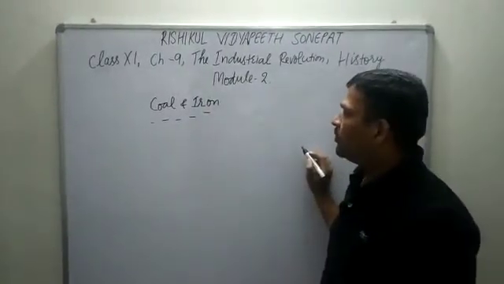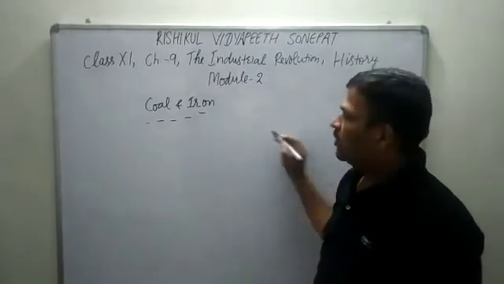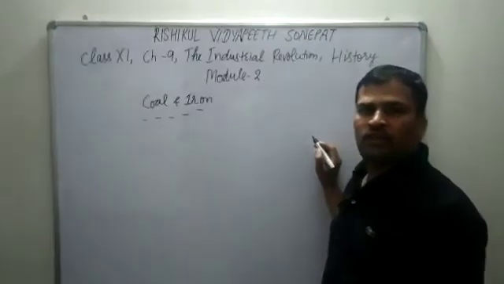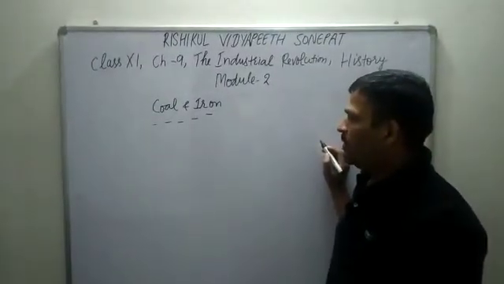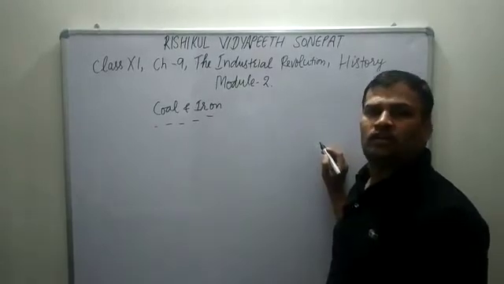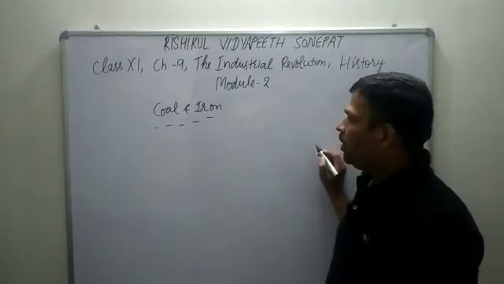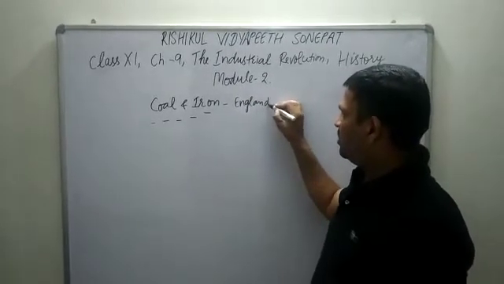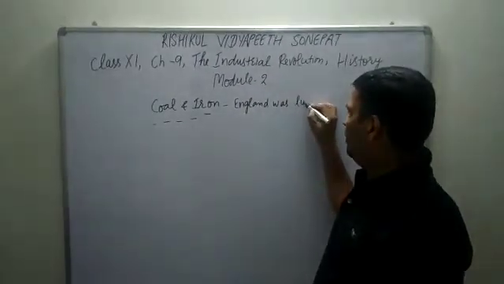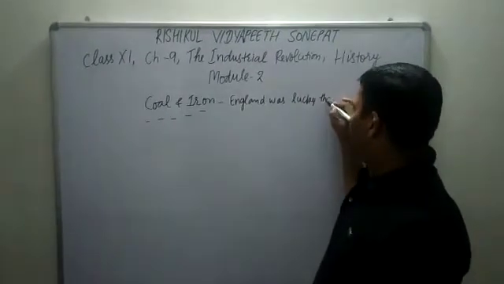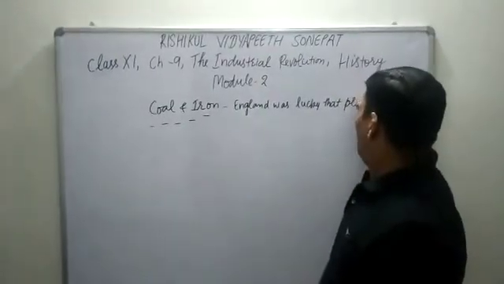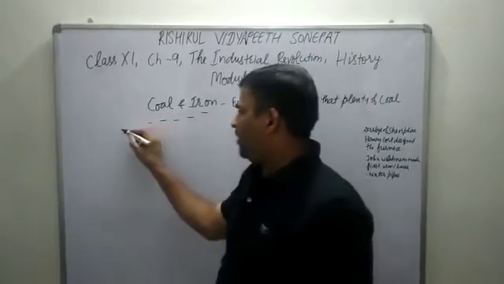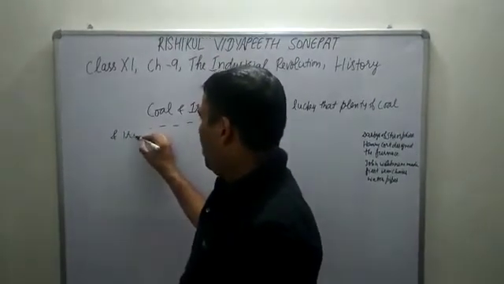Now, coal and iron. You are aware that these are an important component of industry. We may even say these are the key factors of an industry. Now England was lucky that plenty of coal and iron was found.